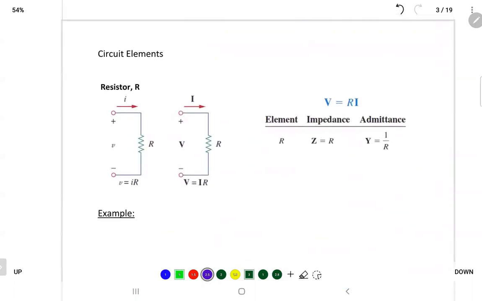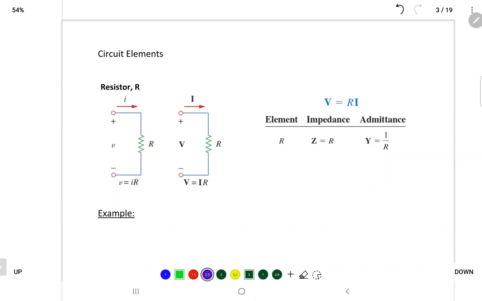Now we have passive elements in AC circuits. We have resistors, inductors, capacitors. And when we solve AC circuits, we should use the impedance concept. What is impedance? What is the difference between impedance and resistance? Resistance is only a scalar value.